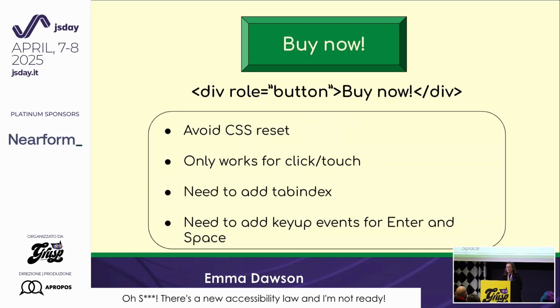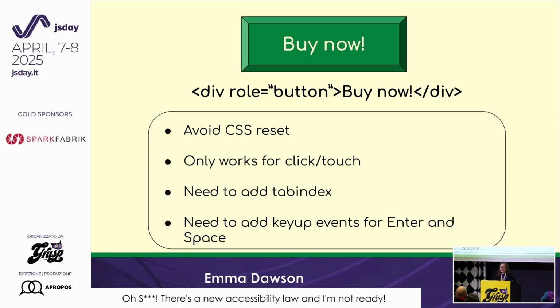So why does this happen? Well, quite often developers will do this because they don't like the CSS that is inherent in the browser, and I don't blame them. Buttons in the browser look terrible, but they do this often just to avoid doing a CSS reset. The issue with doing this, though, is adding on-clicks to divs that are non-interactive will only work when you click them.